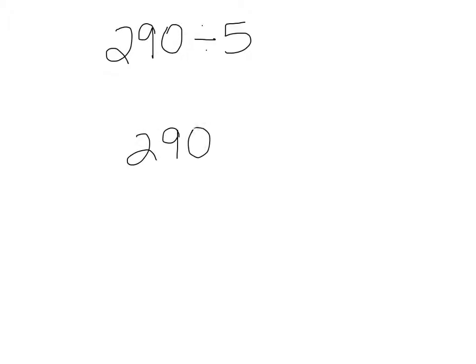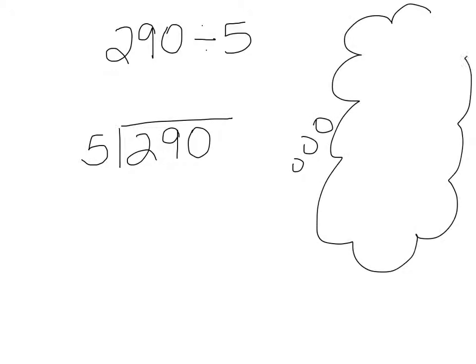So I have 290 avocados or 290 pom-poms for the cheerleaders. I don't know what I have, but I've got to divide them into 5 groups. And that's going to require thinking. So for me, that means I'm going to show my thinking with this thought bubble.